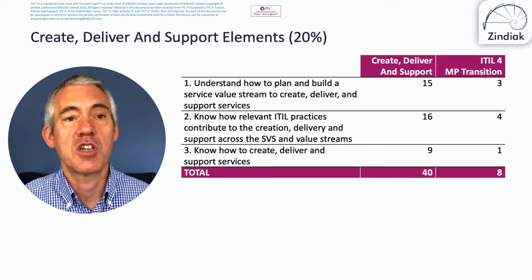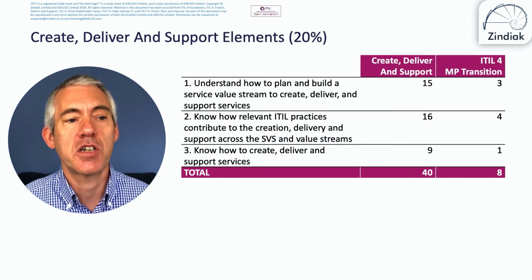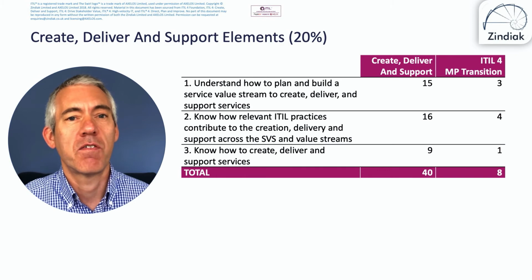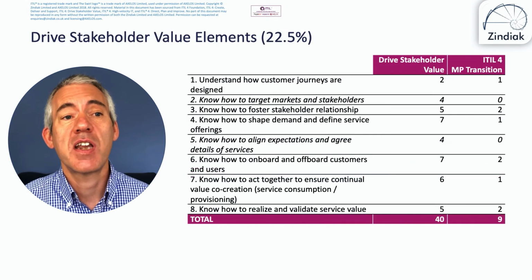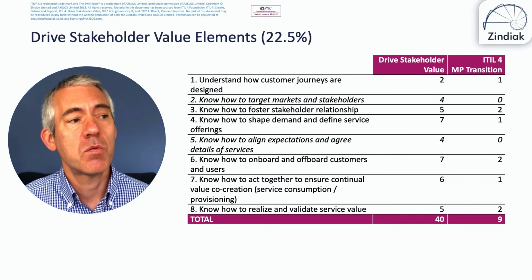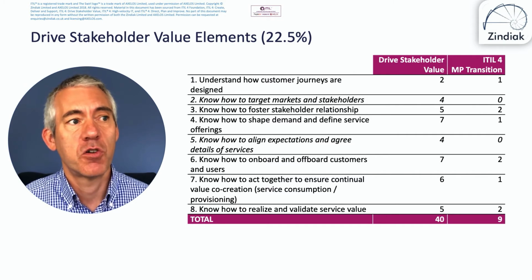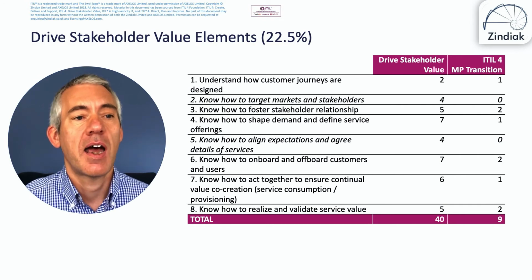For create, deliver and support, we cover the whole syllabus, but there are only 8 questions rather than 40, so it's 20% of the transition exam. Drive stakeholder value, we don't cover syllabus elements 2 or 5. It's 9 marks out of the 40, or 22.5% of the transition exam.